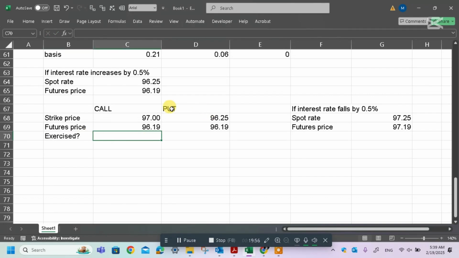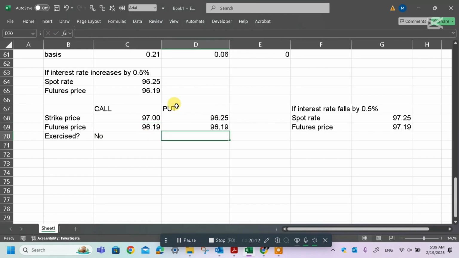See, call option means this is the strike price, the buy price, and closing price will be the selling price. Call option means initial transaction is buy. So buy 97, sell 96.19. No, it doesn't make profit for you. It will not be exercised.